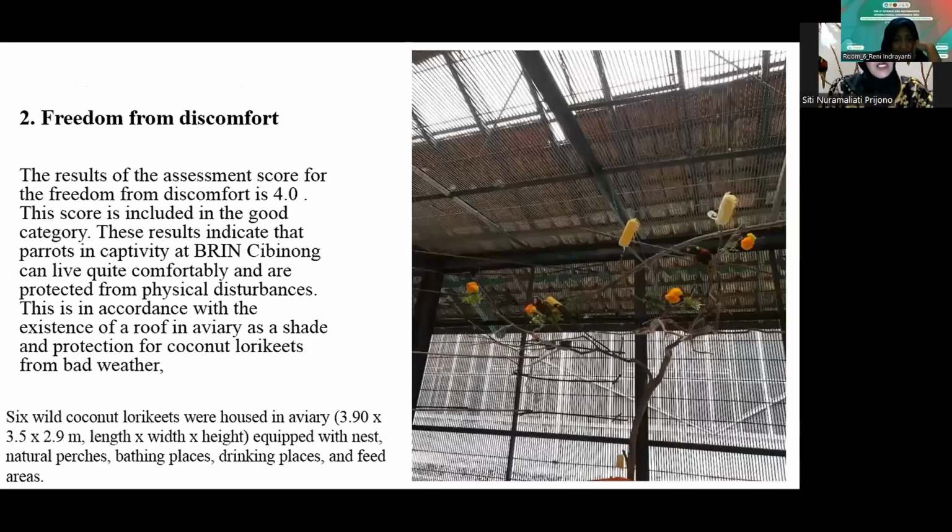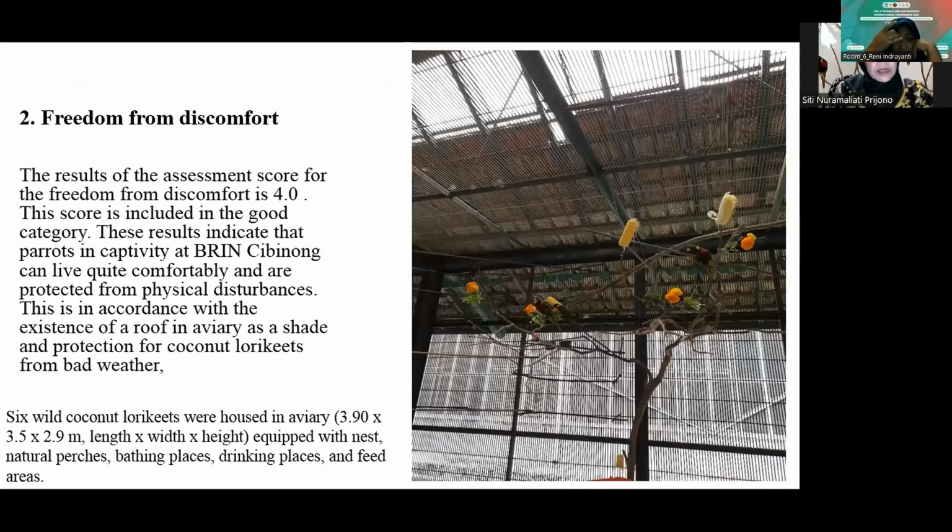The second animal welfare aspect is freedom from discomfort. The assessment score is 4.0, included in the good category. This result indicates that birds in captivity at PRIN Cibinong can live quite comfortably and are protected from physical disturbance.